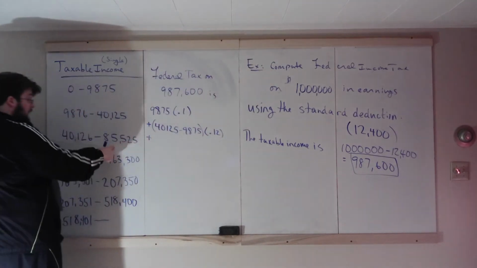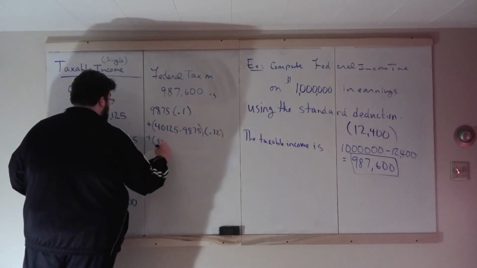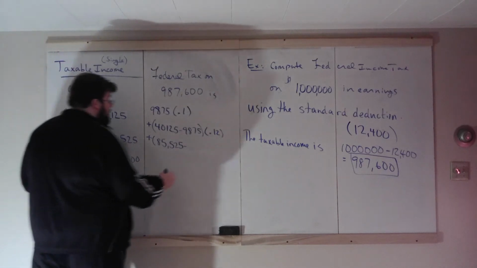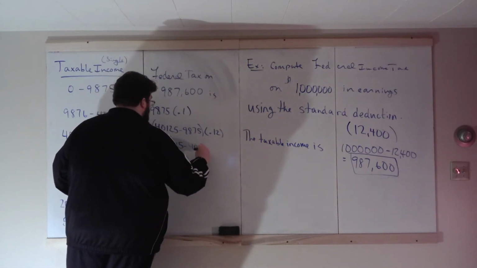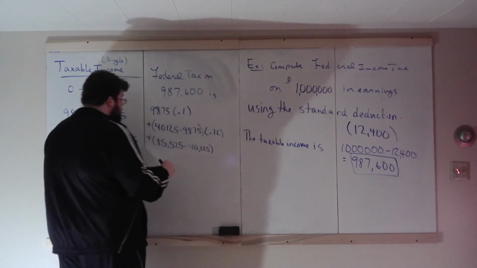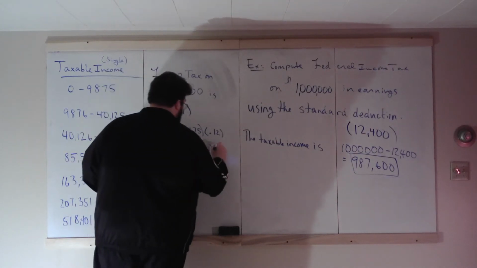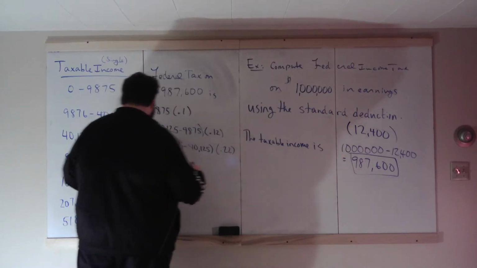The next 85,525 minus 40125 is taxed at the next number, which I erased. Where is it? 22%. Quite the jump from 12%.